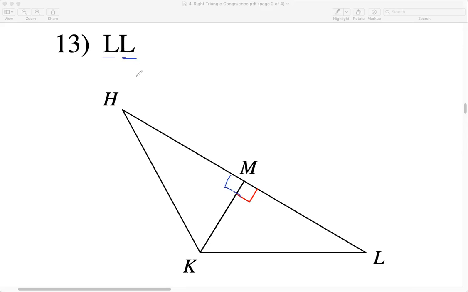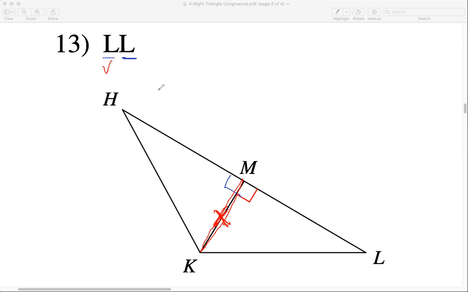So there must be two corresponding legs of these two triangles that are congruent for us to conclude that the triangles are congruent. However, these two triangles share a common side, or common leg, which is KM. We know that KM is congruent to KM by the reflexive property. So we already identified one leg.